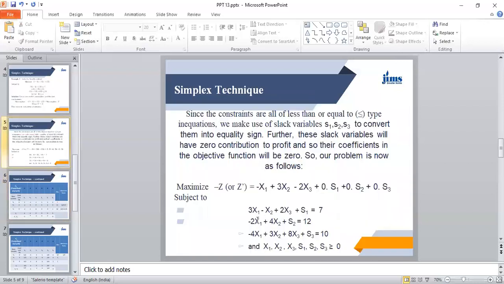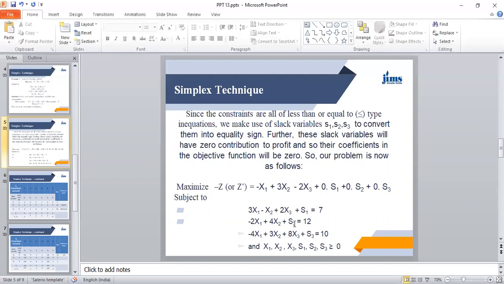Similarly, for the second row we write minus 2, 4, and x3 is 0, s1 is 0, s2 is equal to 1, s3 is equal to 0.